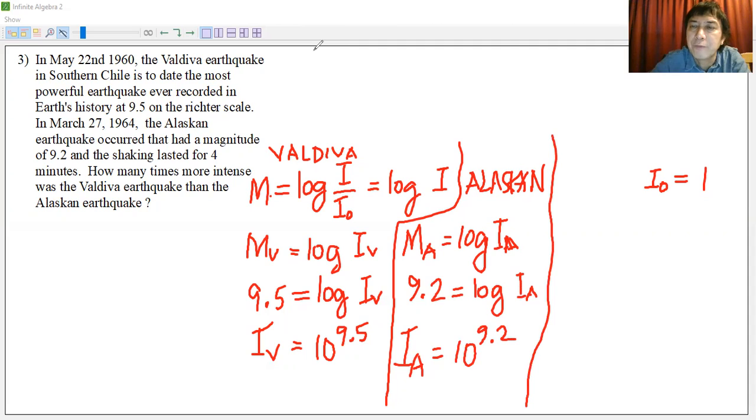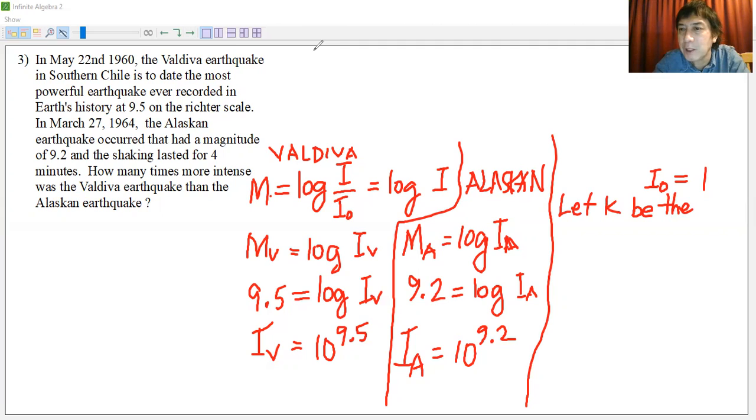Now we can solve for the requirement. How many times more intense was the Valdivia earthquake than the Alaskan earthquake? So we shall use a number k that, when multiplied by the Alaskan earthquake intensity, gives the intensity of the Valdivia earthquake. So let k be the numerical factor.